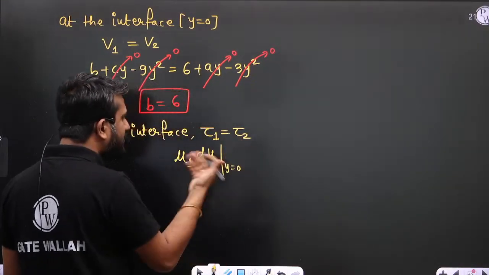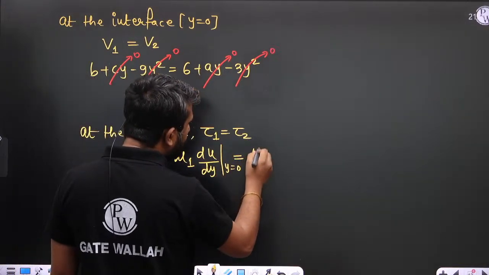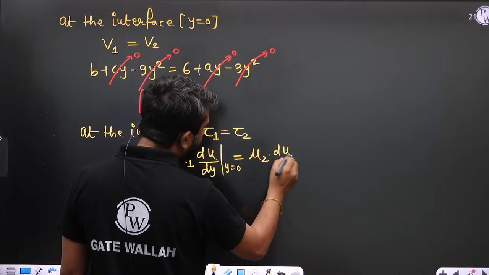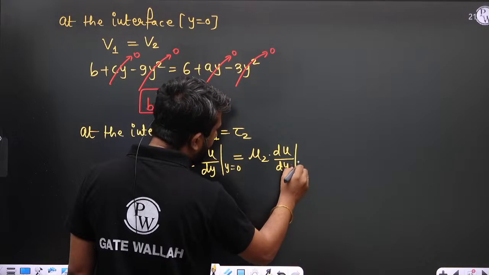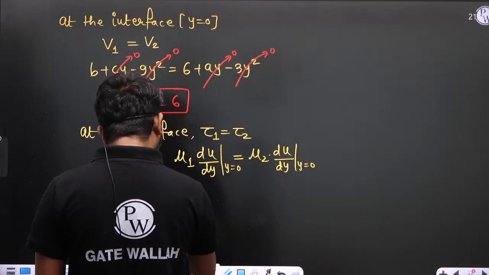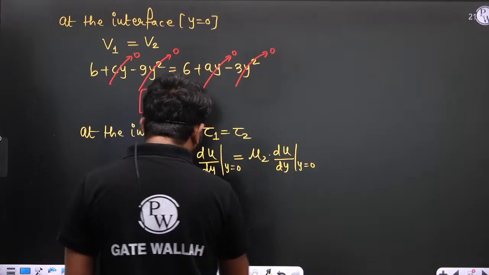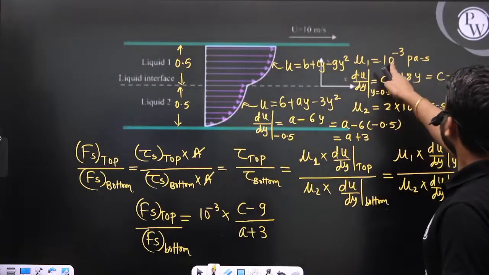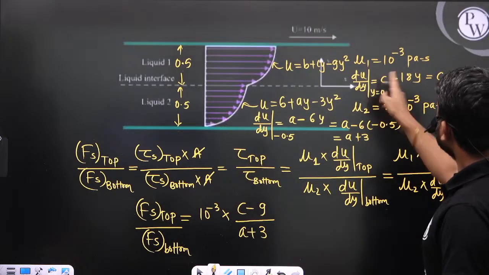Because at the interface y is 0, this is equal to mu2 into du by dy at y is equal to 0. Mu1 is 10 to the power minus 3. Now what is the du by dy?